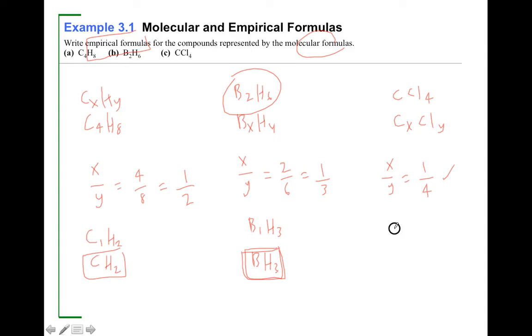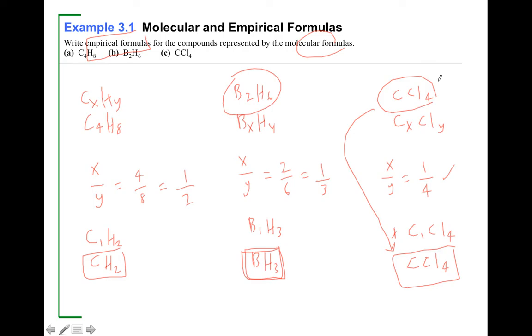So it looks like this is going to be C1Cl4. Oops, that's what I already have up there, right? CCl4. Sorry, my handwriting is getting messy here. It looks like that is already the empirical formula. So in this case, the molecular formula is the empirical formula, and it's because these don't reduce any further.